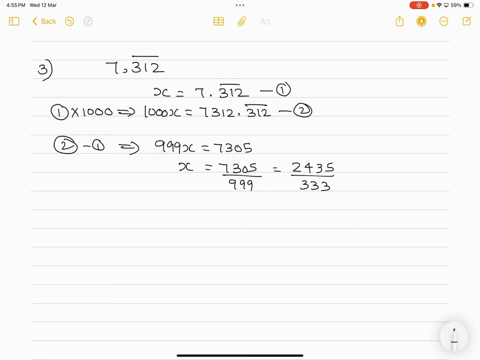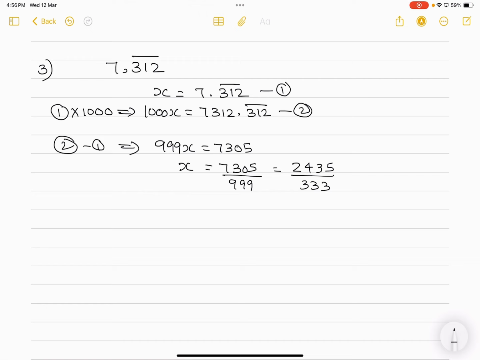So like this, 705. Check properly. There is a 4-digit number. Just subtracting 7, you will get a 3-digit number. Here do it separately.